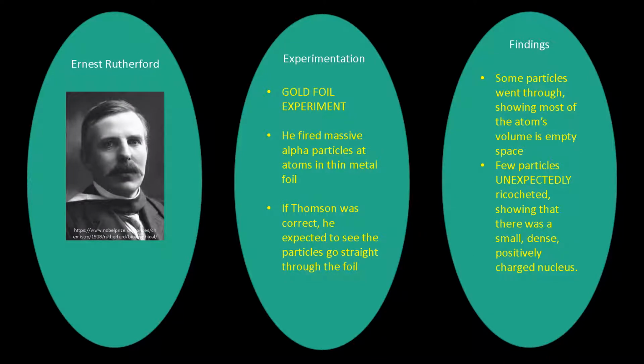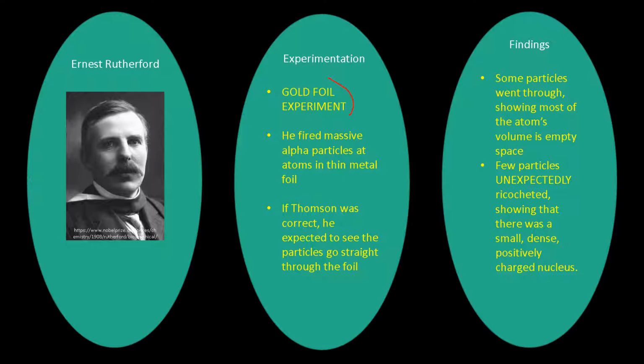Next, we have Ernest Rutherford, and Rutherford conducted the gold foil experiment. The gold foil experiment fired massive alpha particles at atoms in thin metal foil. And he decided to use gold because it, first of all, could be cut into very thin foil, and also it's highly metallic.